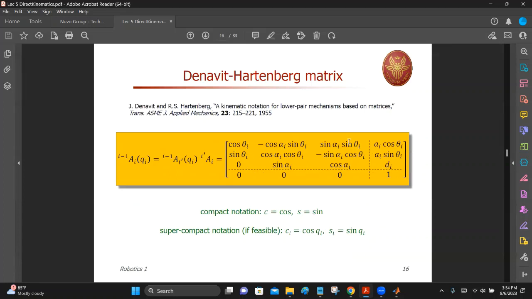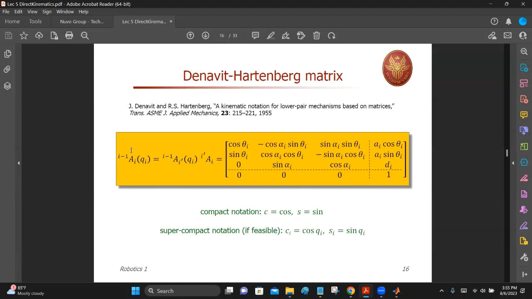So when you have a 6 degrees of freedom manipulator, 6 links, 6 coordinate frames, you can write 6 of these. The first one, 0A1. Second one, 1A2. Third one, 2A3. Fourth one, 3A4. Fifth one, 4A5.